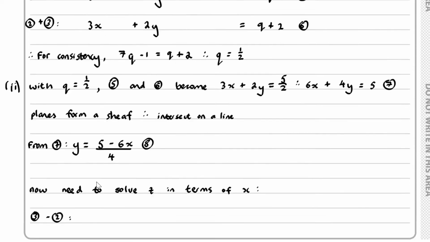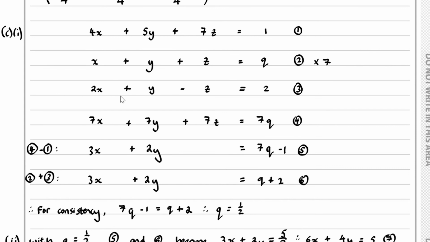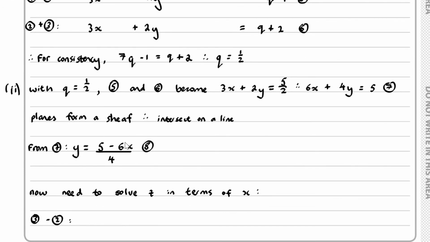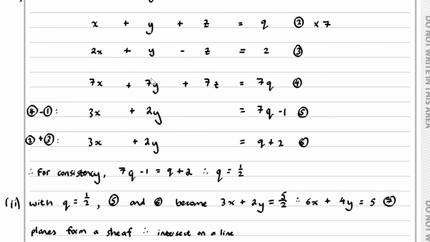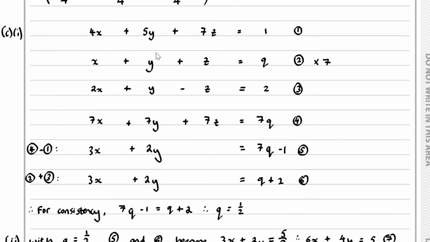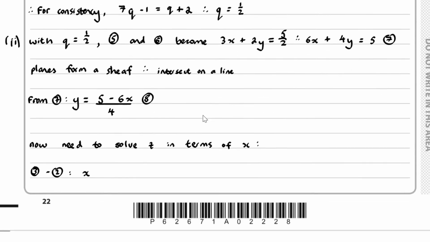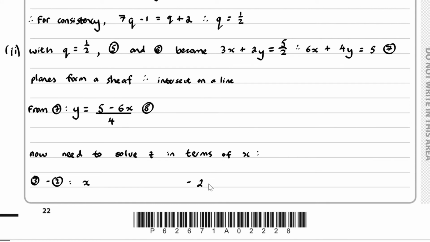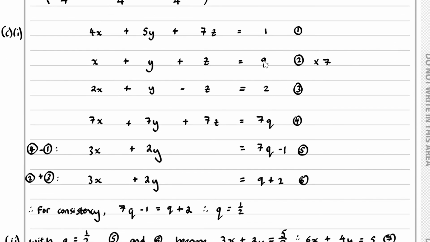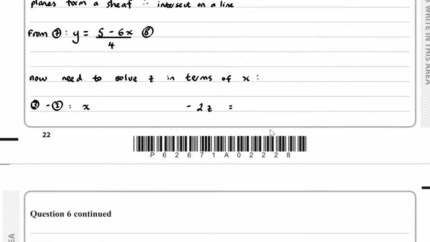So if we do 3 minus 2, we've got 2x take away x, that's just x. And then we've got y take away y, that's 0y, minus z take away z, that's minus 2z. And this is equal to 2 take away q, so 2 take away a half because q is a half, so that will be 3 over 2.